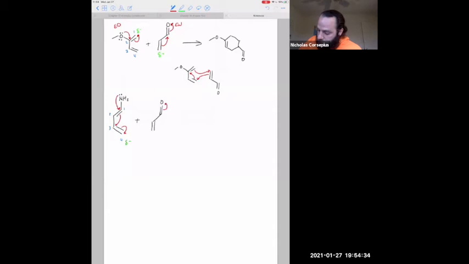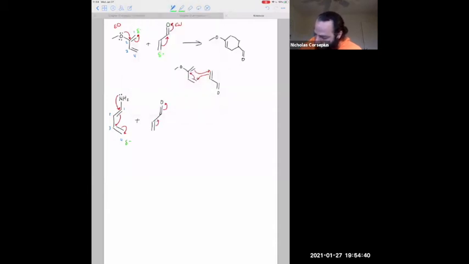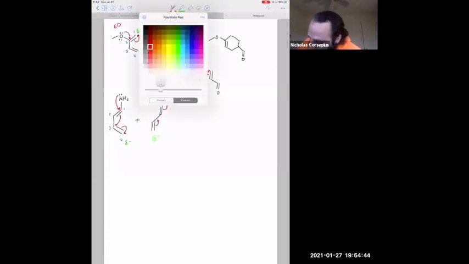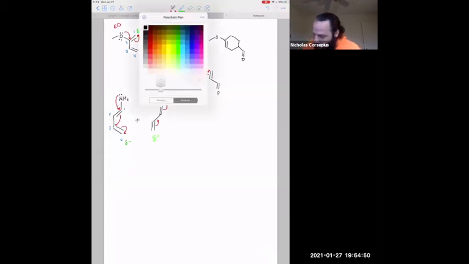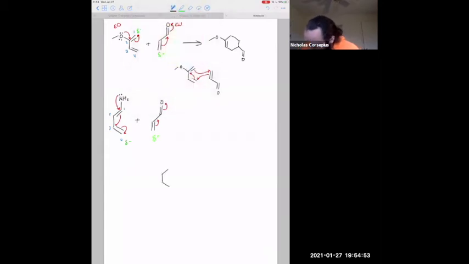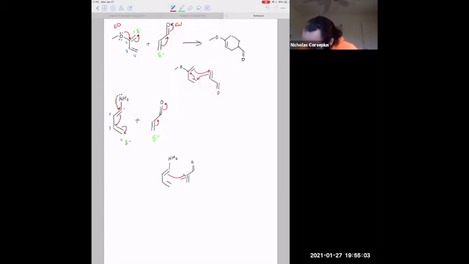We want to do the other one, it's this carbon that has the partial positive charge. So then I won't have to flip this around, although I will redraw it just because then there's a ton of arrows going on. But now the sequence of events is going to be in this direction here.